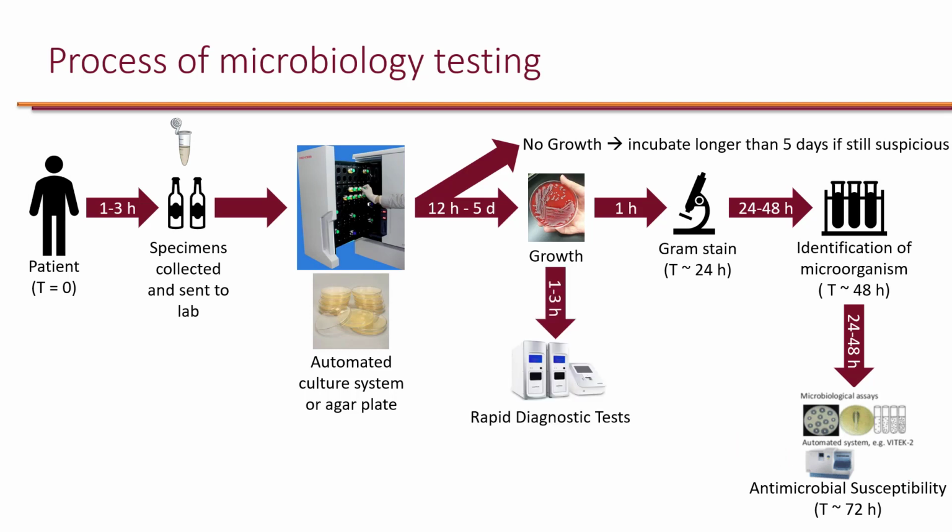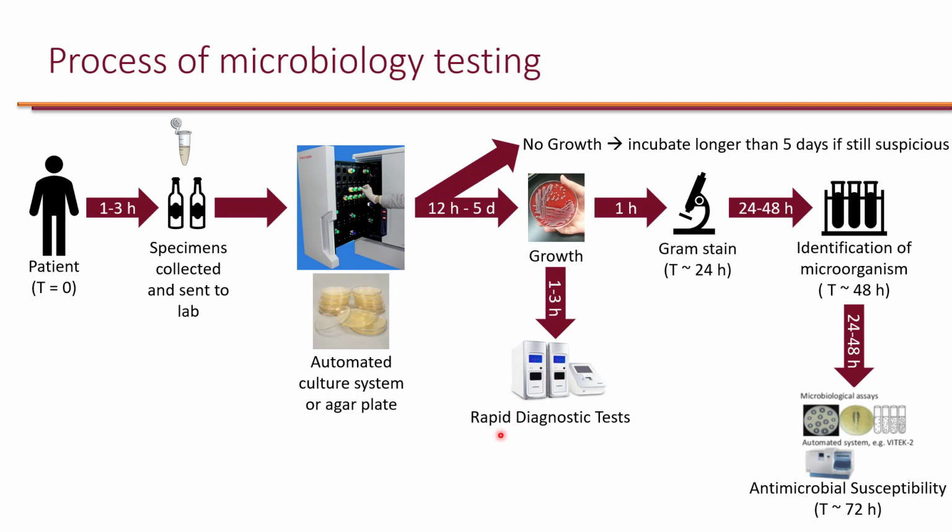Now, as technology advances, we have a rapid diagnostic test that can expedite this process. So, when we actually grow an organism, we can directly put some of these colonies into rapid diagnostic tests, and these rapid diagnostic tests will be able to very quickly, in a matter of anywhere between under an hour to just 2 or 3 hours, tell us exactly what the organism is and what the susceptibility results are.